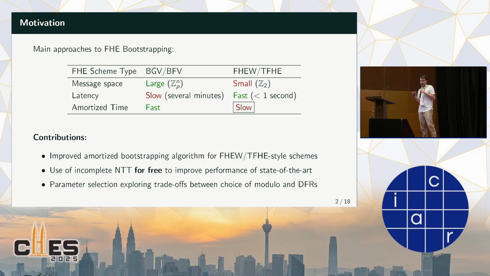But we show that this is not the case for these types of schemes, because you are bound to use a very small multiplication depth for your operations. And then we do a parameter selection that explores different trade-offs for the choice of modulus and performance, and the DFR, or the decryption failure rate and reliability of the scheme.